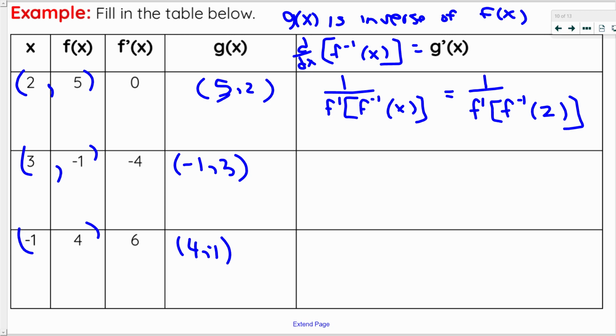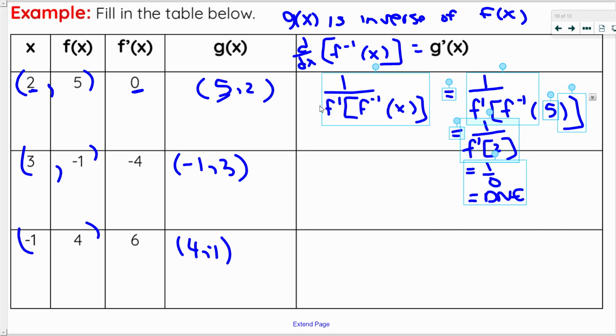My x coordinate is 5. The answer is 2. So this is going to be 1 over f prime of 2. And f prime of 2, I can go there and see that there's my x value. F prime of 2 is 0. So I'm going to have 1 over 0, which we know is undefined. So this one here does not exist.